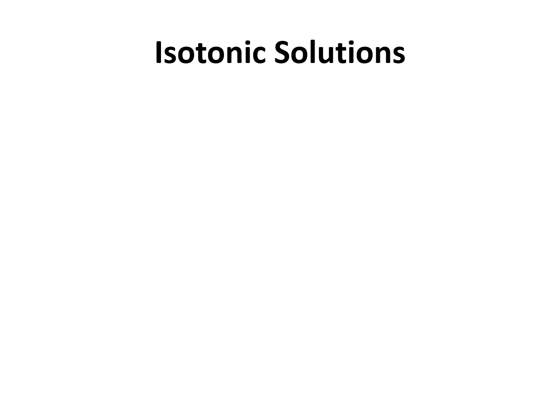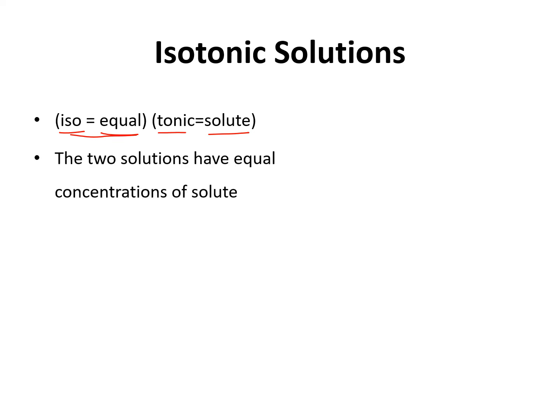And to remember the meaning of the words, it's good to go through their roots. Iso means equal and tonic means solute. So solute, remember, that refers to the substances that are dissolved in the water. And iso means equal, so it means the solutions have the same amount of solute.